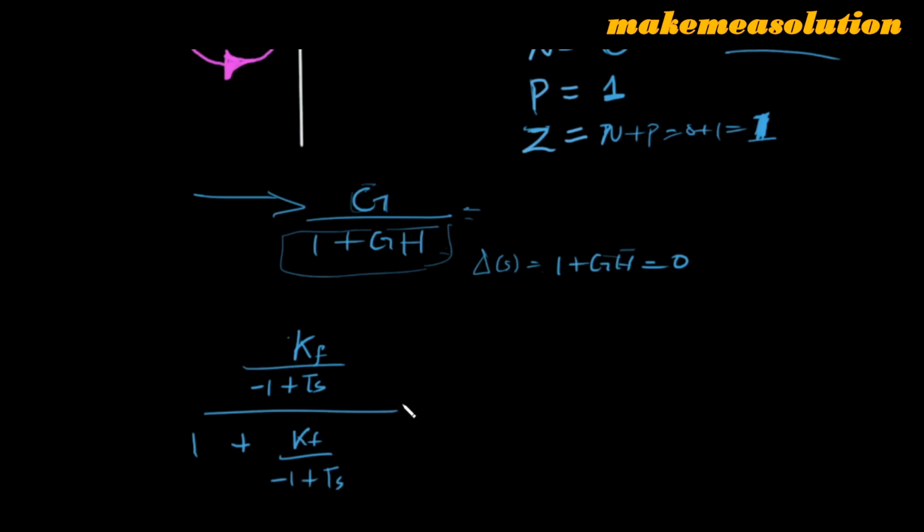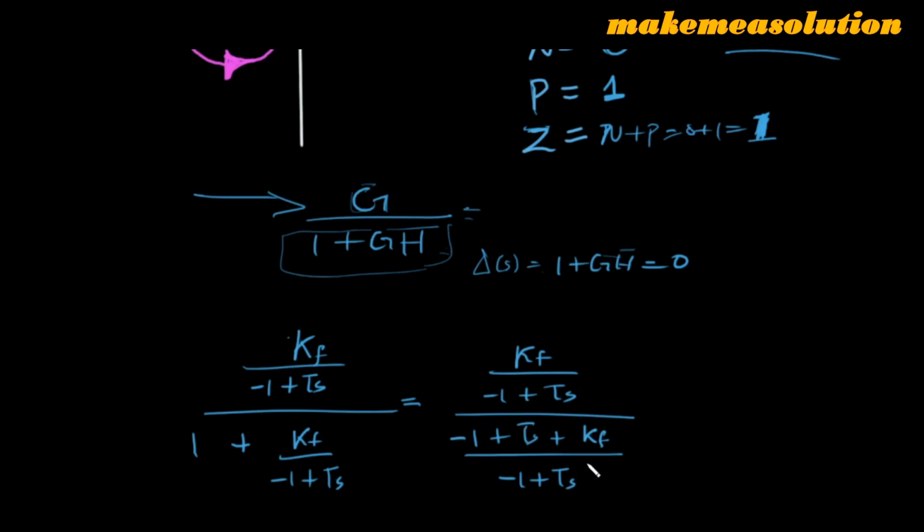So if you do the math, you will have KF all over minus 1 plus TS divided by minus 1 plus TS plus KF all over minus 1 plus TS. So these two will cancel out, leaving you with KF all over minus 1 plus TS plus KF. Okay, so this is going to be my G all over 1 plus GH. So this will be the new transfer function.